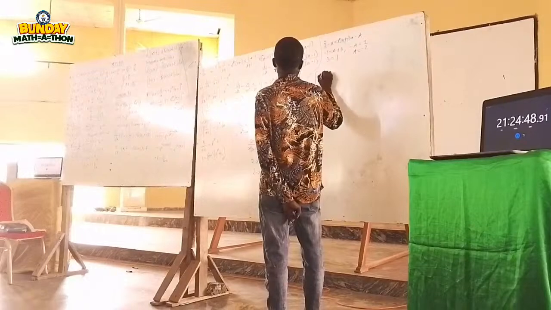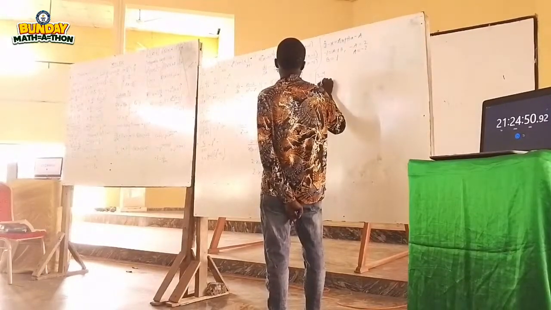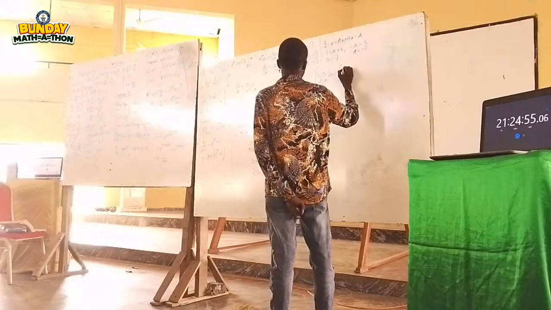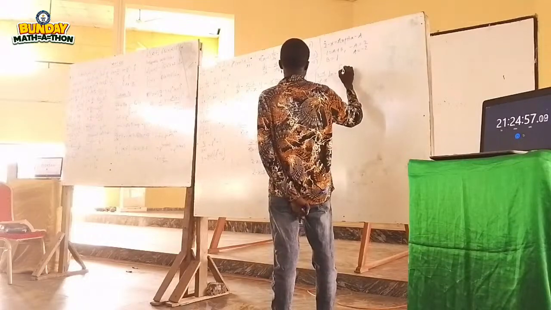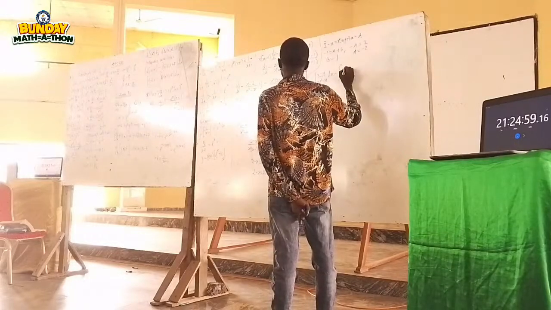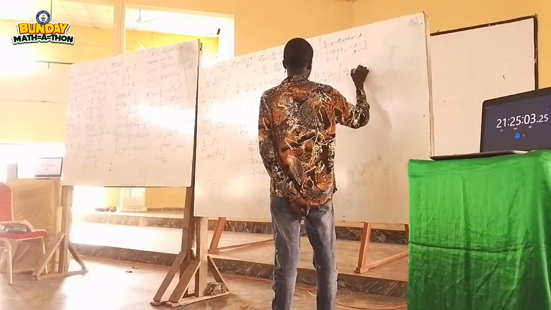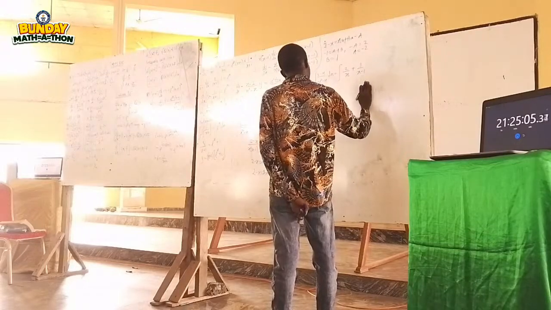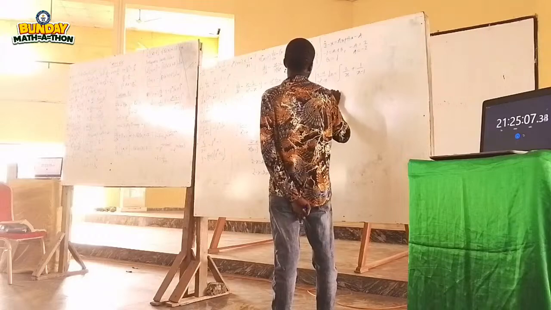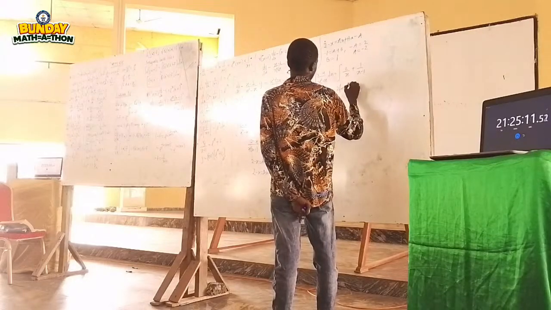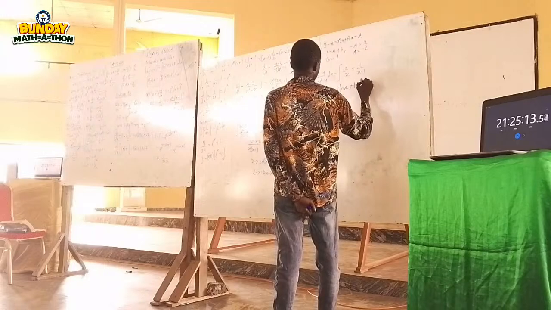So we can have the integration of 2 minus x over x squared minus x dx to be equal to the integration of minus 2 over x plus 1 over x minus 1. Then this is the same thing as minus 2 ln x plus ln of x minus 1.